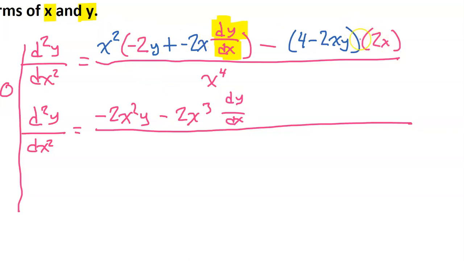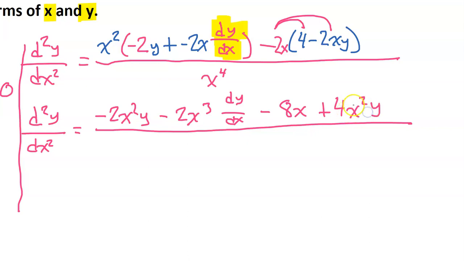This 2x, it will make me feel better if I put the 2x in the front. I didn't change anything. But now it's easier for me to think of this as distributing a negative 2x. So I'm going to have negative 8x plus 4x squared y all over x to the 4th power.